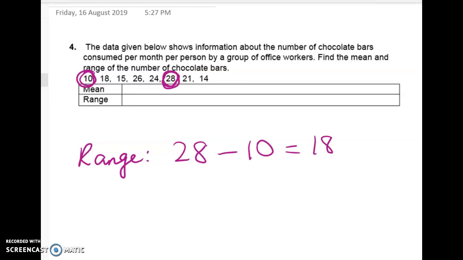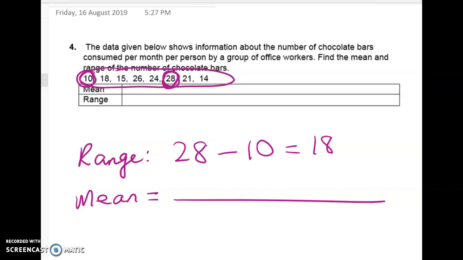Now, how do I find the mean? Well, to find the mean, I add up all of these numbers, and then I divide by how many numbers we've got, how many workers we've got. So let's first count up how many I've got. 1, 2, 3, 4, 5, 6, 7, 8. Right, so 8 people. And let's add up those numbers.